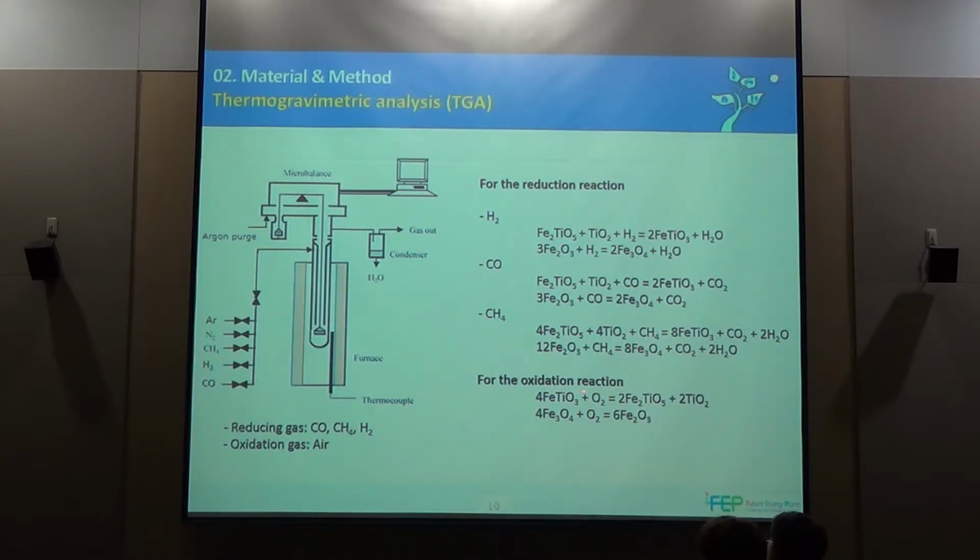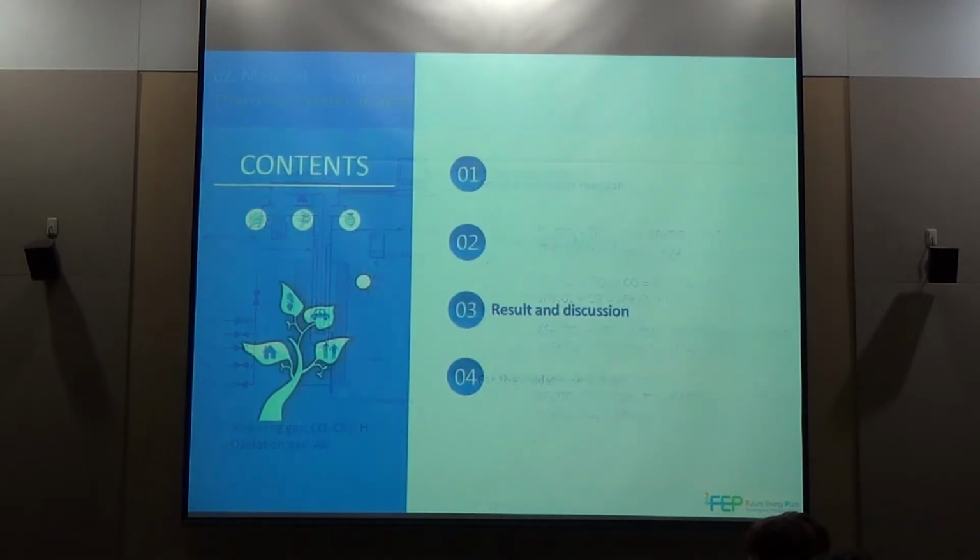And for oxidation, the final state takes up oxygen and becomes the fully oxidized state. In this study, we use syngas like hydrogen, CO, and methane to test the reactivity of ilmenite and also its oxygen transport capacity.